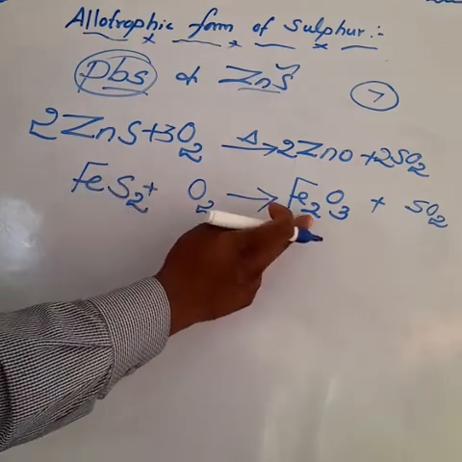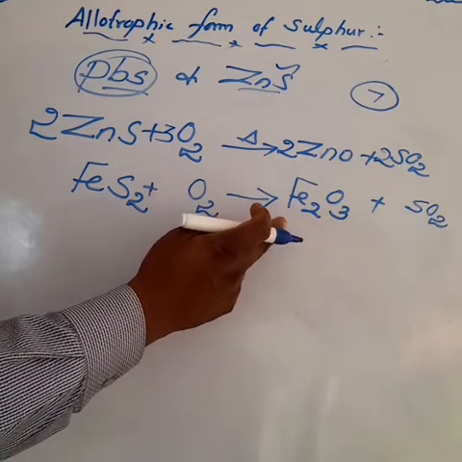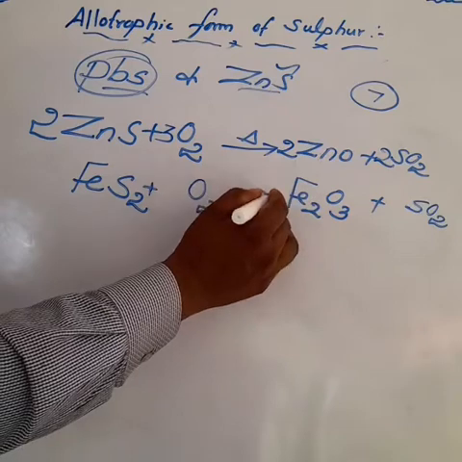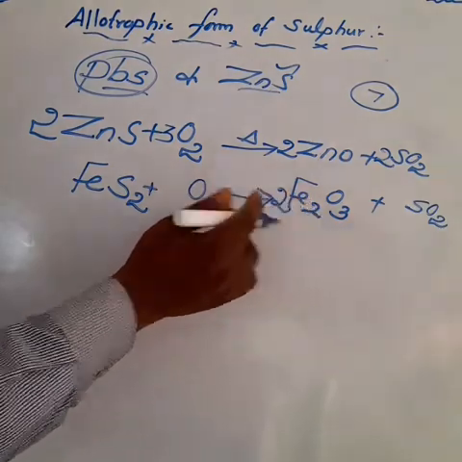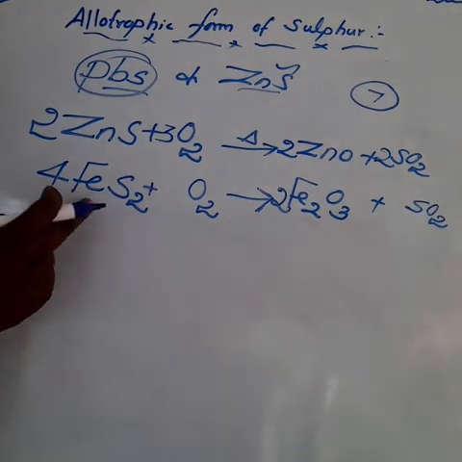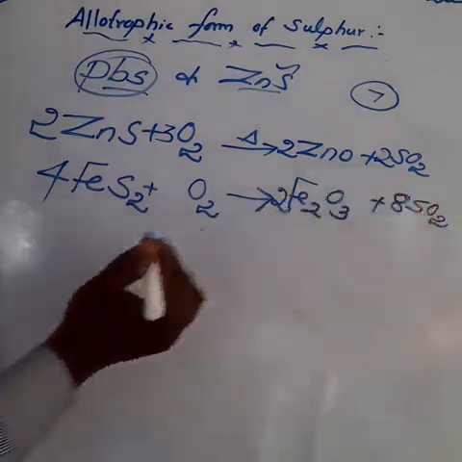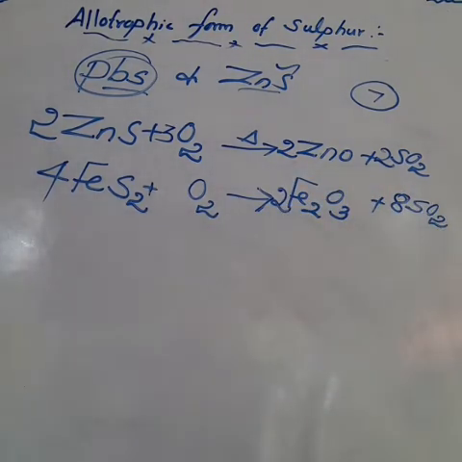Here having 2 iron, so oxygen has some problem, so make the product side 2 Fe2O3. So we get 4 iron, so make the reactant side 4 FeS2. Now the iron is balanced. What about the oxygen? Sorry, what about the sulfur? Sulfur here has 4 FeS2, 4 2s are 8. So make the sulfur dioxide, product side 8 SO2.